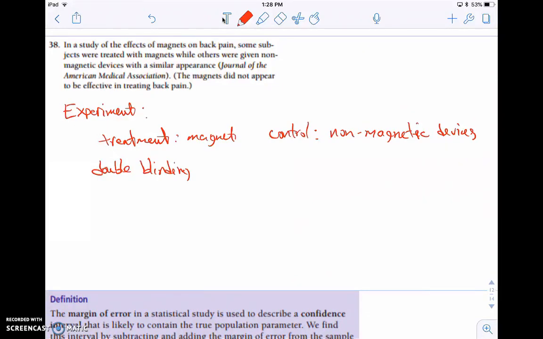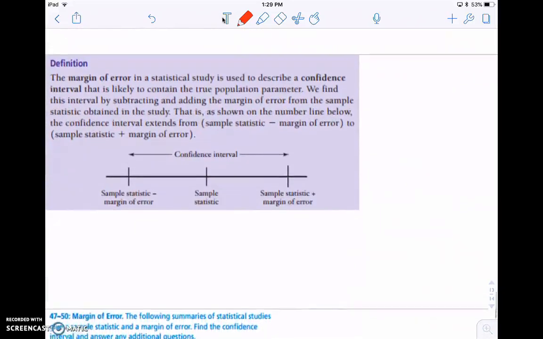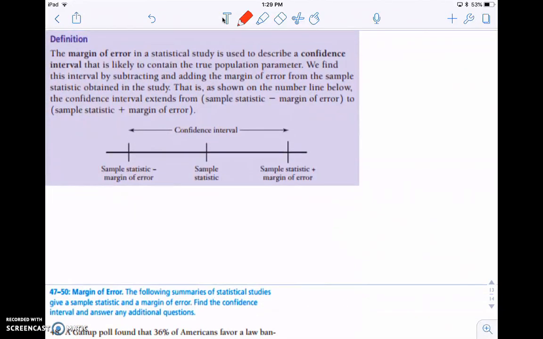They may subconsciously do things in a slightly different manner. So with them not knowing, having a double blinding study would definitely be the most effective in this experiment that we have here.